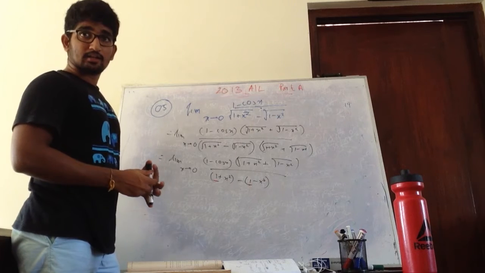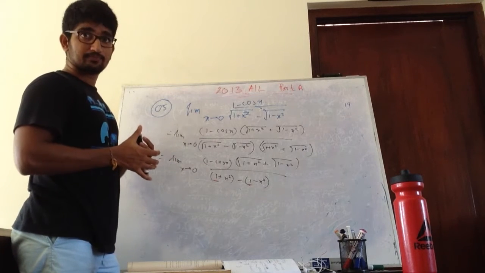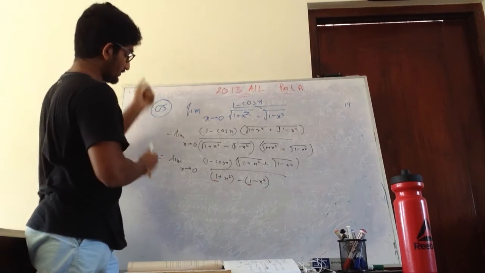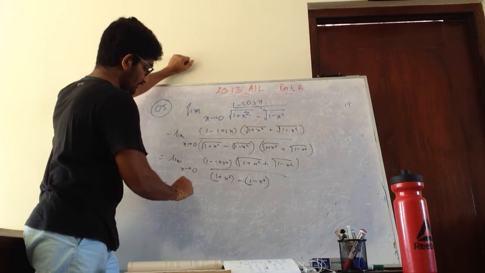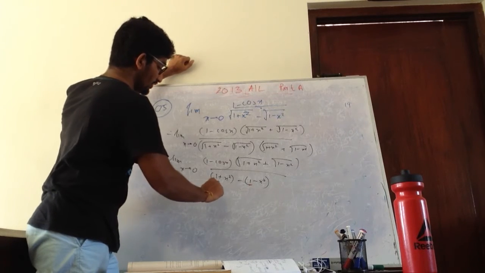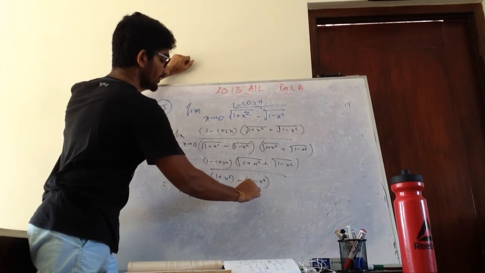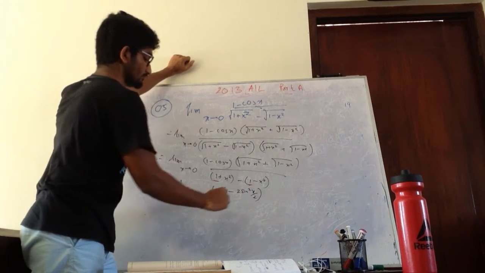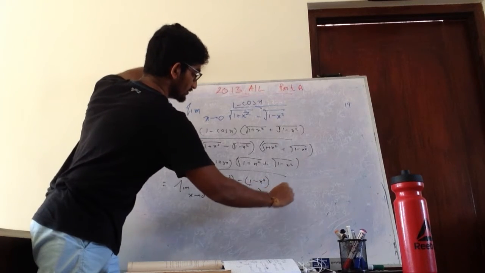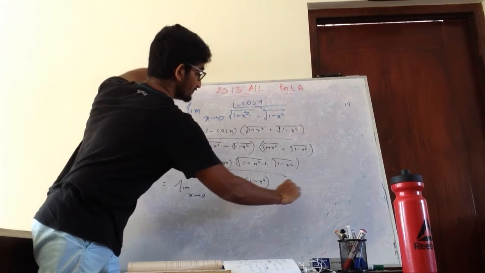So what you all can do is you can basically use the half angle for cos x, right? So that means what? Limit when x goes to 0, 1 minus 2 sine square x over 2. This will be there again.